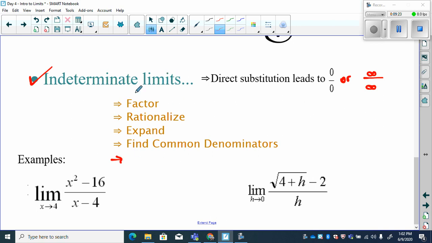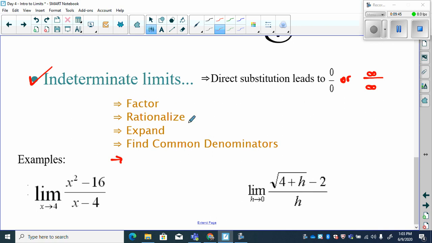An indeterminate limit means that there's a factor in the numerator and the denominator that is the same. There's something weird happening in these functions that's causing you to get 0 over 0. Our goal is to eliminate that and then evaluate the limit. So I'm going to factor, I'm going to rationalize. Factoring, that's why we spend so much time factoring.